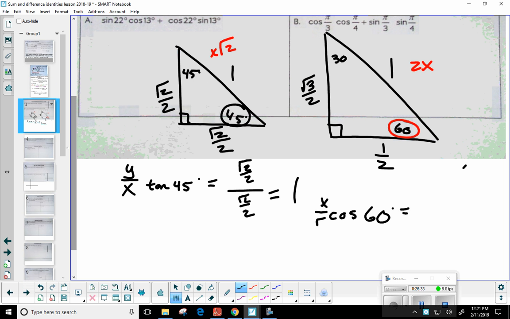Well, what's the x value in this triangle? It's 1/2 divided by r, the radius. Well, what's 1/2 divided by 1? 1/2. You guys remember doing that? Creating the triangle and then finding the ratio? That's what we're going to be doing here. We're just going to be combining it all.